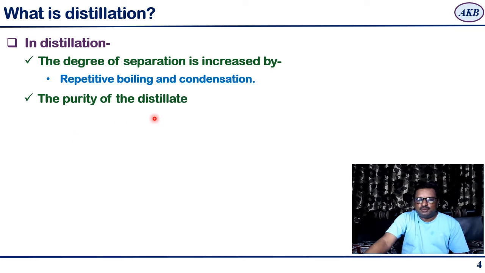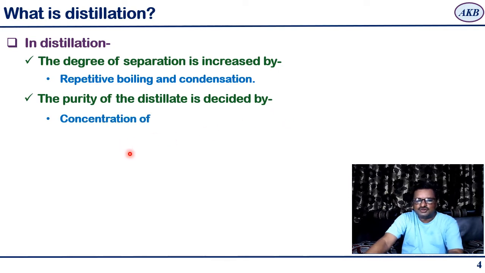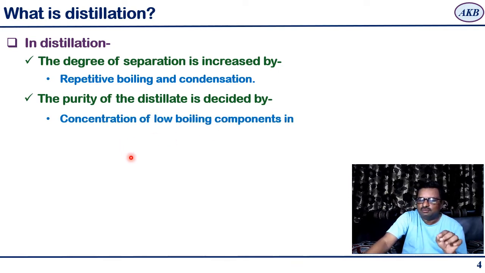Okay, then the purity of the distillate. The purity of the distillate is decided by the concentration of the low boiling components in it. The more the concentration, the more pure the distillate, or the top product, or the overhead product.